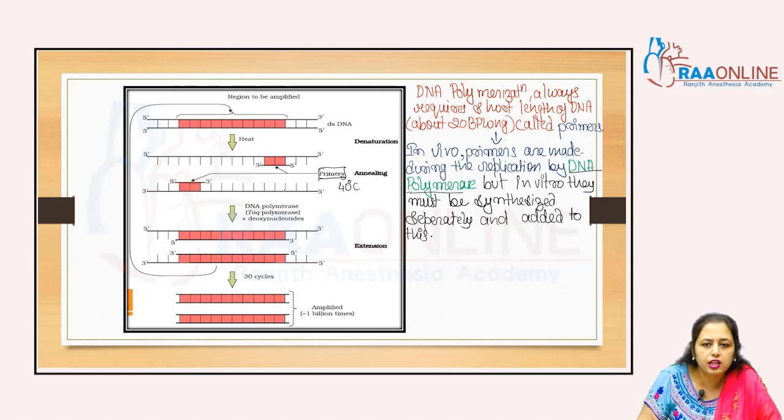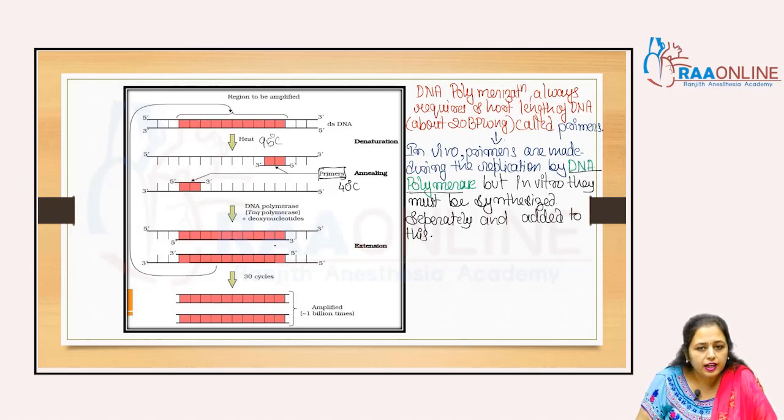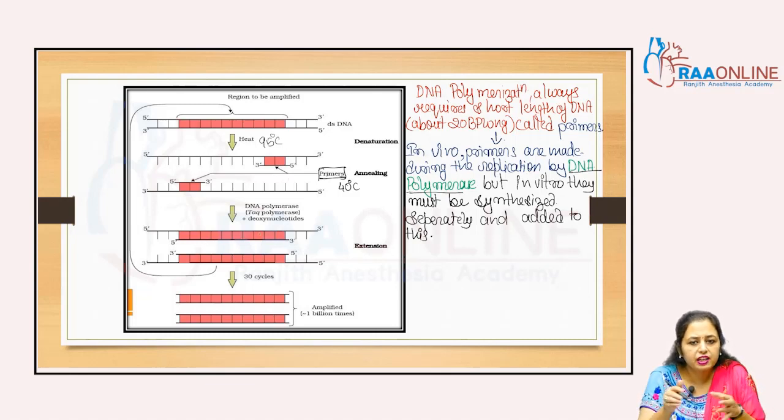You can see here, we separate these strands at 95 degrees centigrade, cool them at 40 degrees centigrade, primers anneal, and with the help of the Taq polymerase the length of the DNA will be increased.